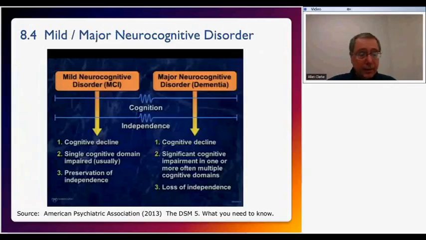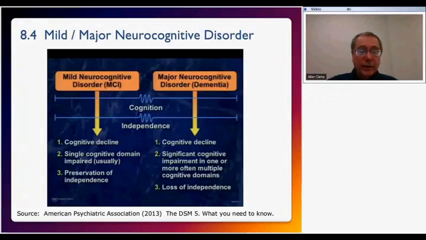Here's a slide from an APA presentation. If you think of mild neurocognitive disorder as in between major neurocognitive disorder and normal age-related cognitive decline. As we age, our brain isn't quite as sharp as it was, but that doesn't mean that you have a cognitive disorder. That's just a normal aging process.